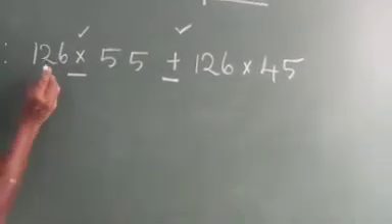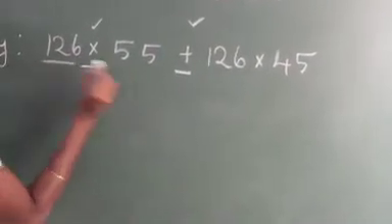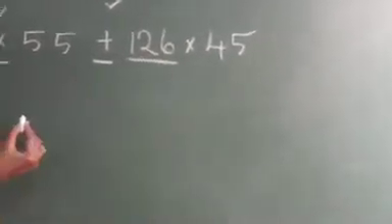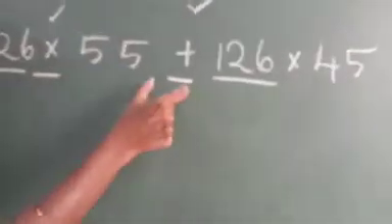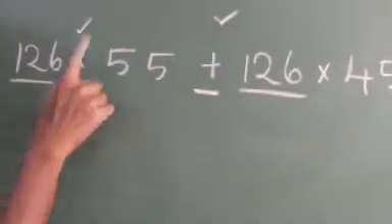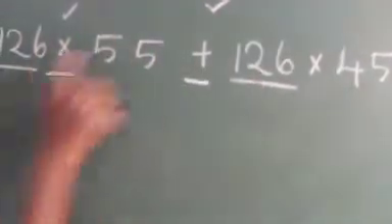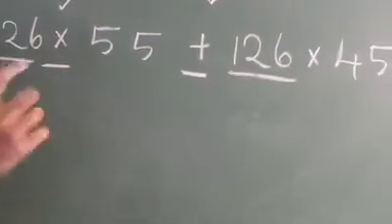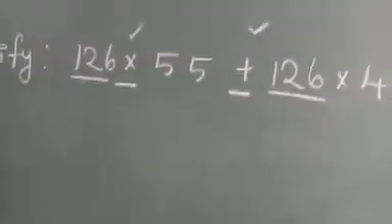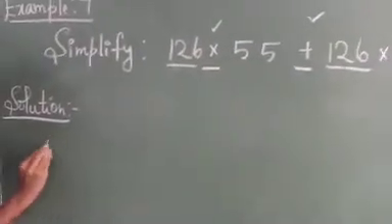At the same time, see here 126 and here it is also 126. So if two operations are involved, that is multiplication and addition, and likewise two numbers are the same, we can use the distributive property. So see here, first you write the distributive property.